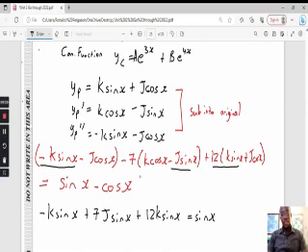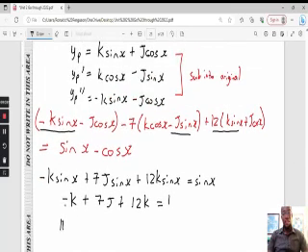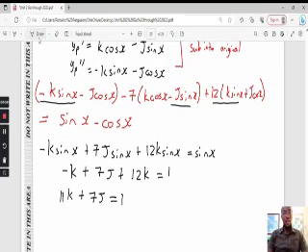Can divide through by sine x when I equate the sines. So I have minus k plus 7j plus 12k is equal to 1. So simplifying, I have 11k plus 7j equal 1.